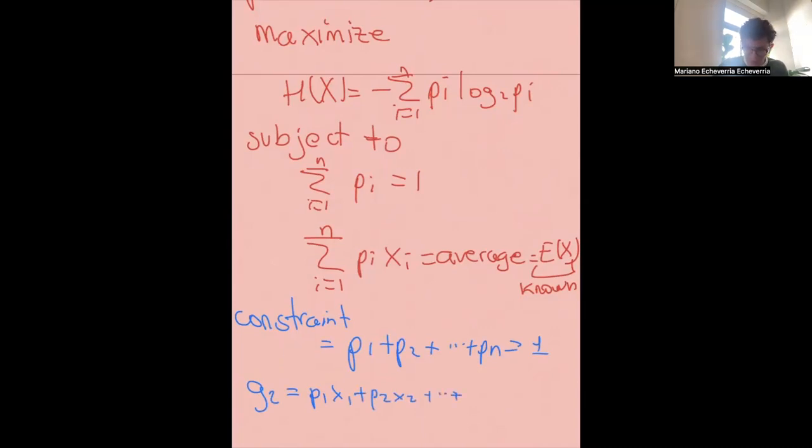These are functions of the p's, so it could be confusing because usually the x happens to be the variable in most applications, but now the probabilities are the unknowns. Is that making sense?